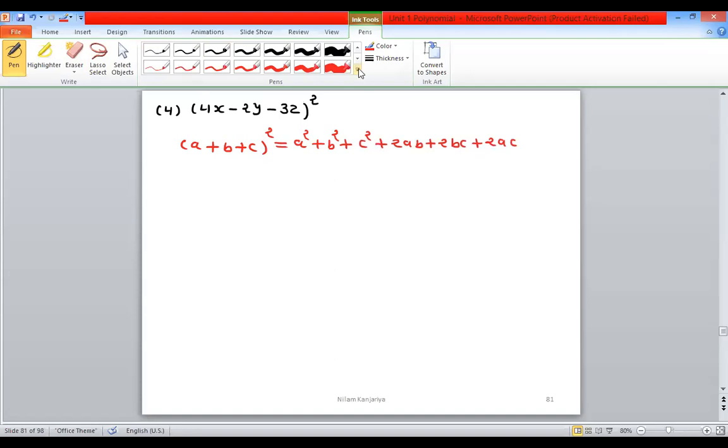First of all, you can identify a, b, c. Here a is 4x, b is minus 2y.